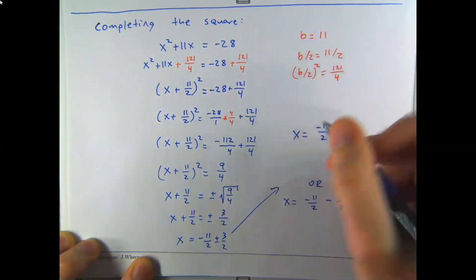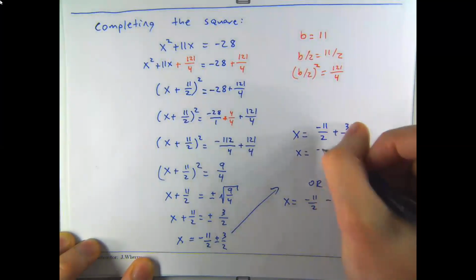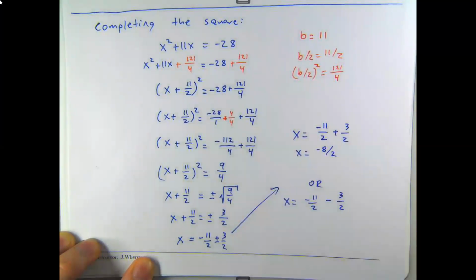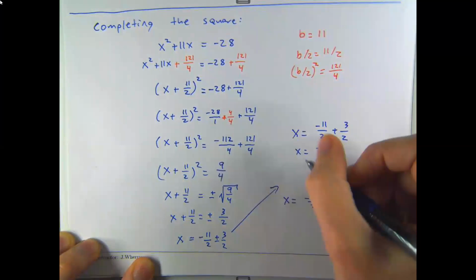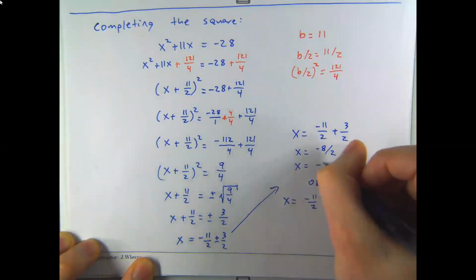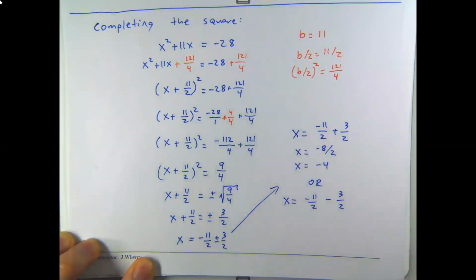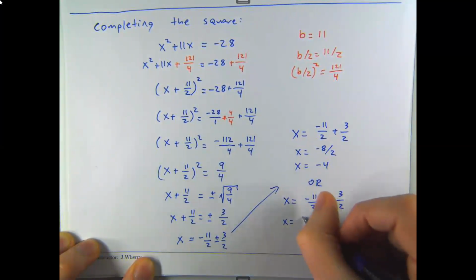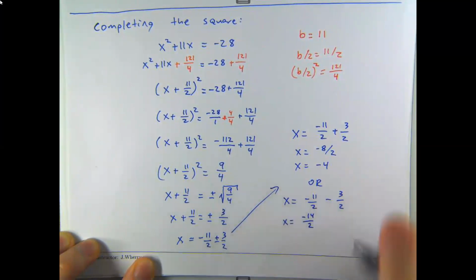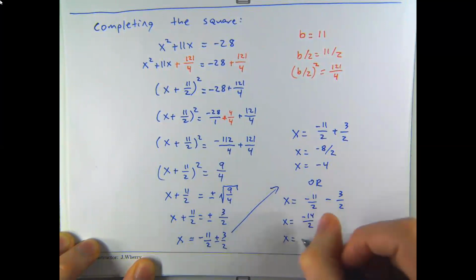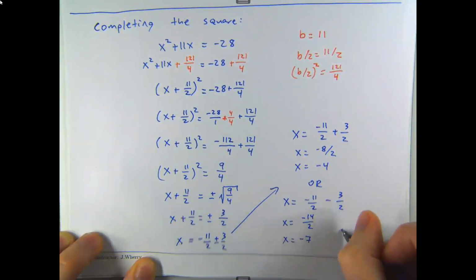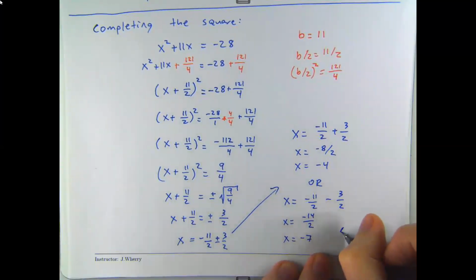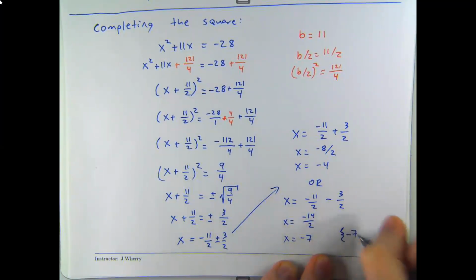Negative 11 plus 3 is going to give me negative 8. So I have negative 8 divided by 2. Negative 8 divided by 2 is negative 4. If I do this thing with negative 11, take away 3, that's negative 14. Negative 14 divided by 2 is negative 7. So I have two answers, negative 7 and negative 4.